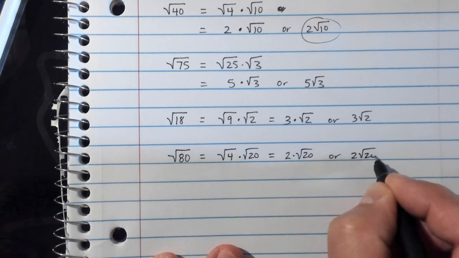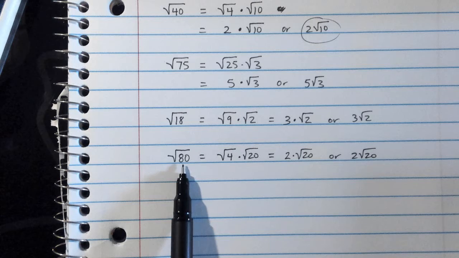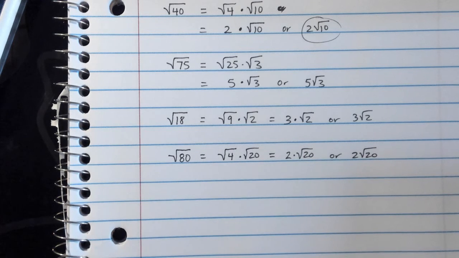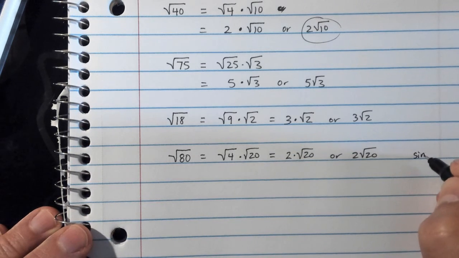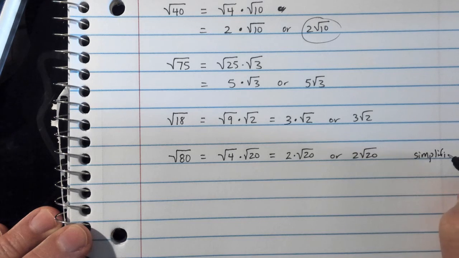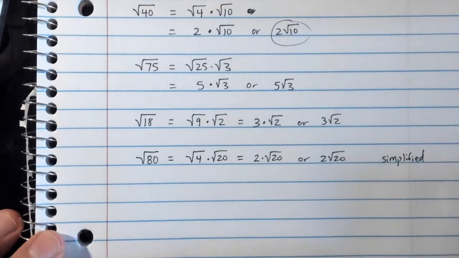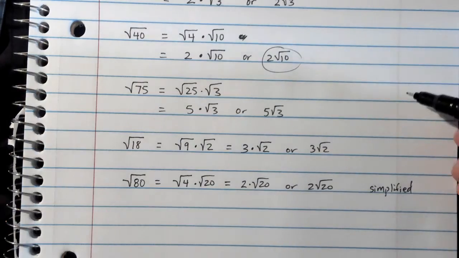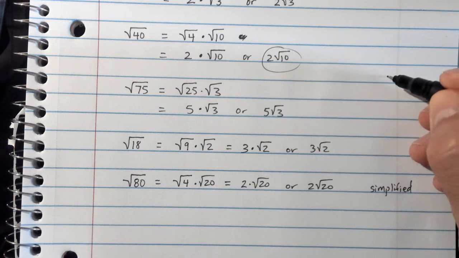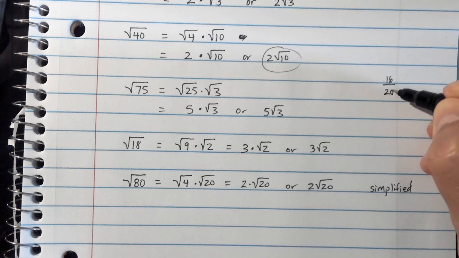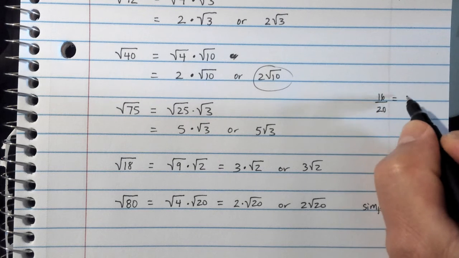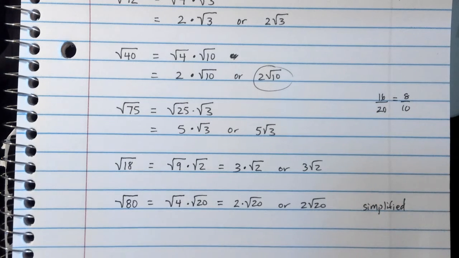Is it true that this equals this? Yes, it's true. But it's not simplified. Just like a fraction, if we gave you a fraction and told you to simplify it, and you told us 8/10, you kind of simplified it, but the word simplify means to simplify completely, to reduce completely.